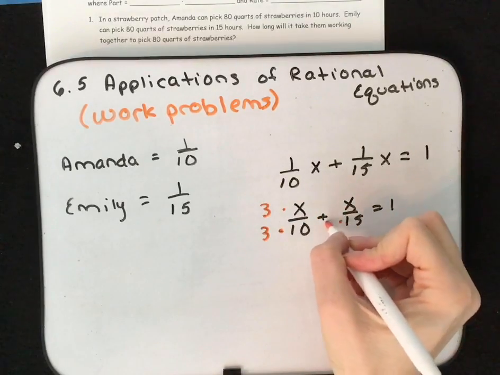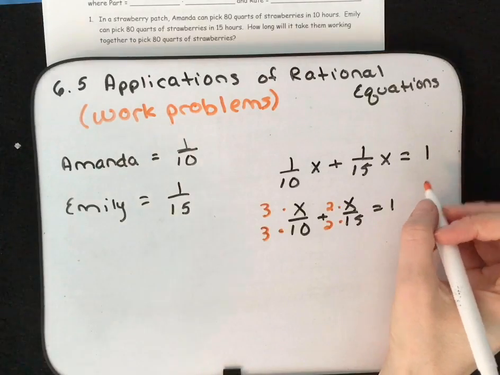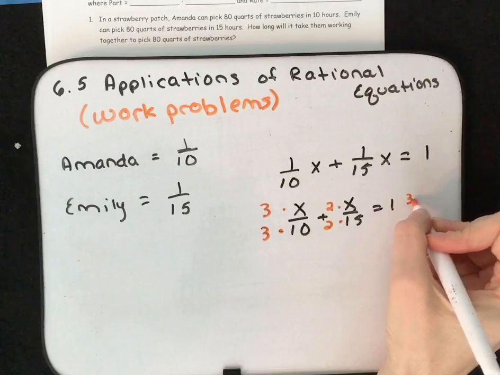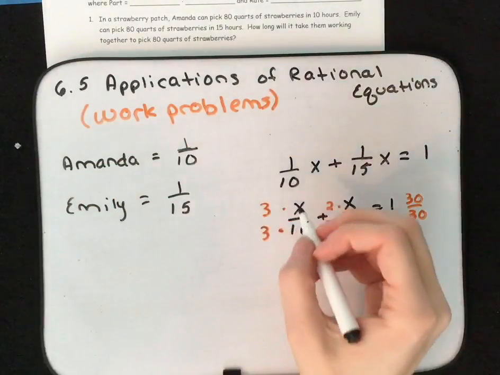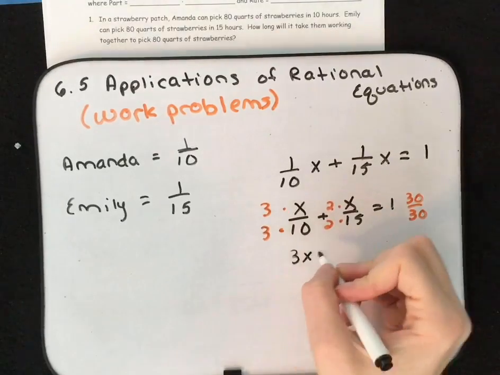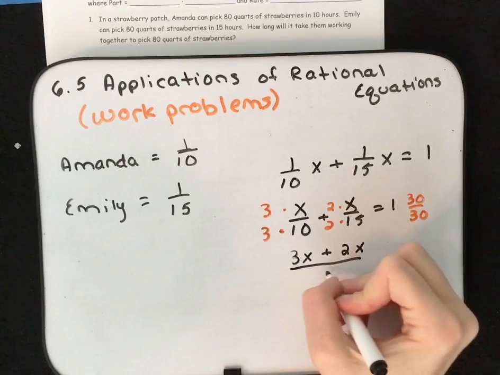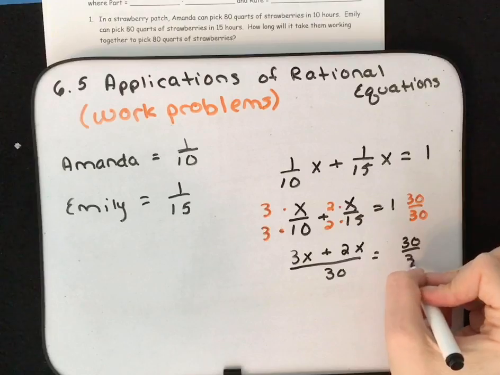We can multiply this times 2 and this times 2. And if we're using a common denominator the whole way across, how about we make this a common denominator as well, which would be 30 over 30. So 3 times x gives us 3x, plus 2 times x gives us 2x, all over 30, and that's going to equal 30 over 30.